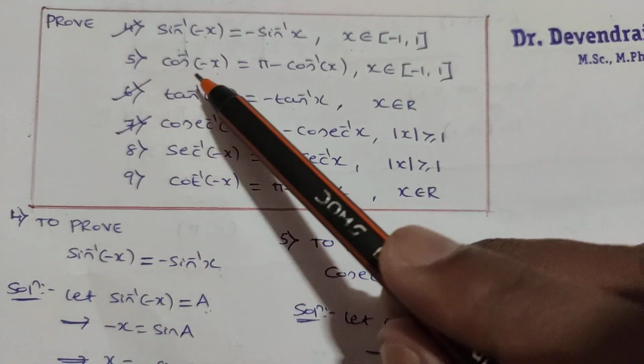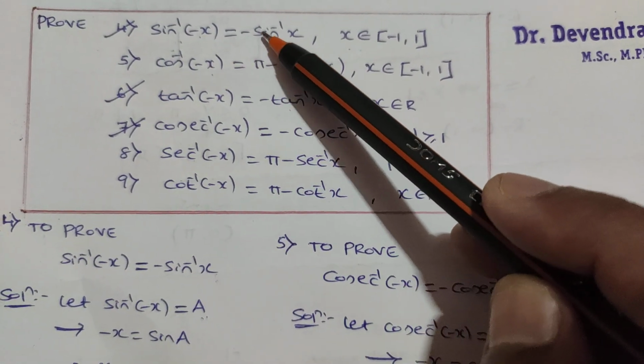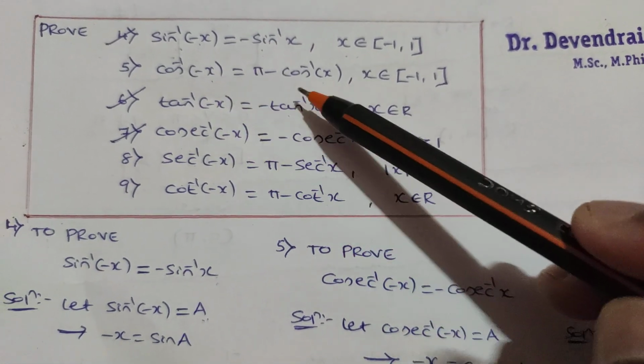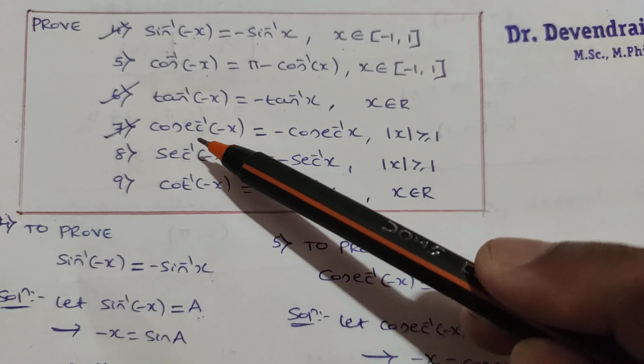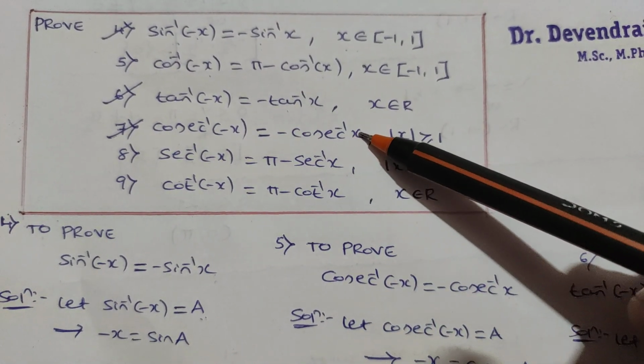Firstly, we observe the proofs of sin inverse of minus x is equal to minus sin inverse of x, tan inverse of minus x is equal to minus tan inverse of x, and cosecant inverse of minus x is equal to minus cosecant inverse of x.